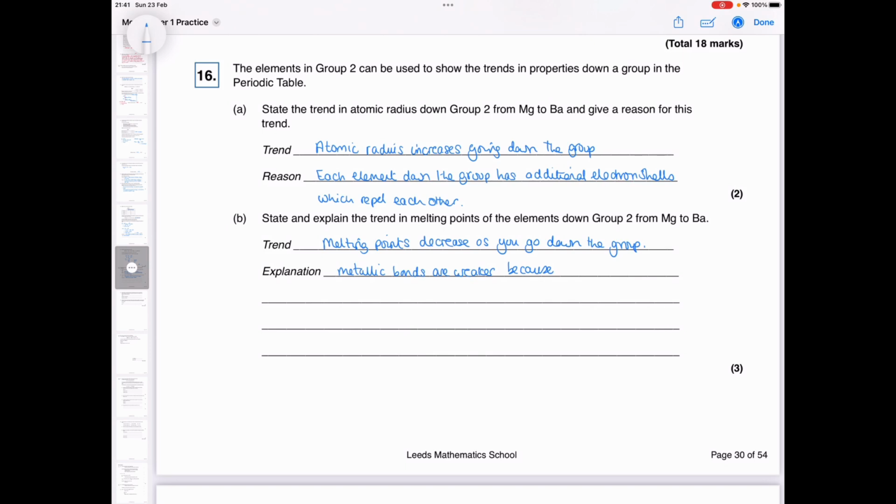And the reason for that is because the metal ions are larger. So there is a weaker force of attraction between the nucleus and the delocalized electrons.